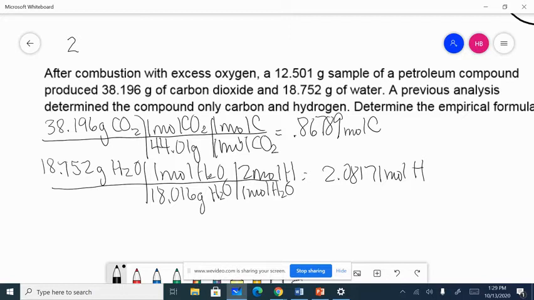I had 1.048085 moles of water, but each water has 2 moles of hydrogen atoms.